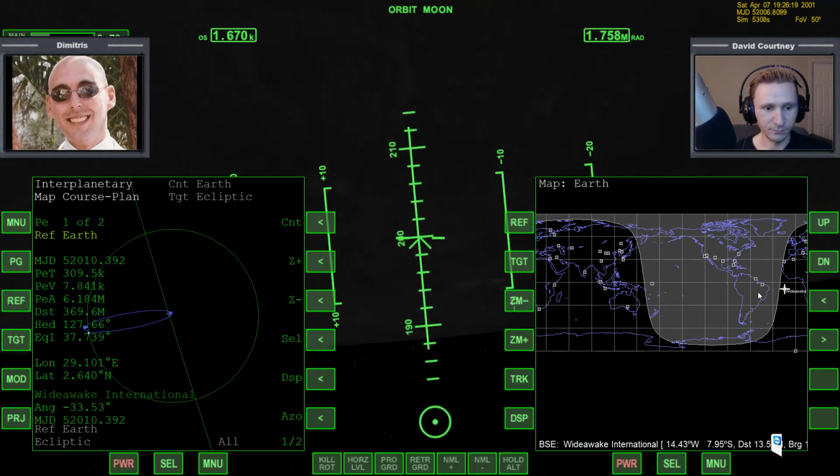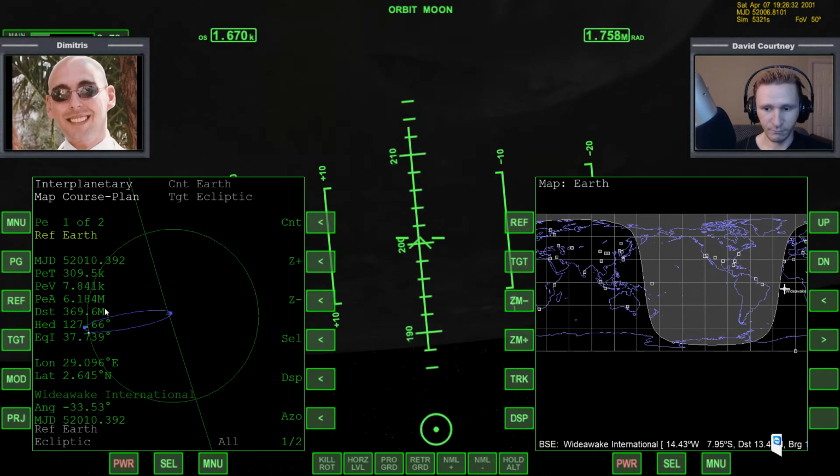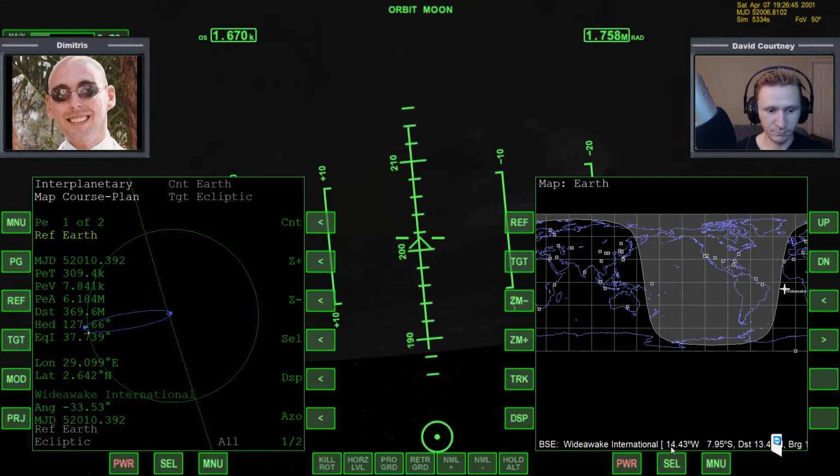So now that we have seen that, what we want to look at is the longitude over here, and we want to check 3 variables: the periapsis altitude to get it to 65 kilometers, 60 to 65, somewhere in there; the longitude to be 30 to 45 degrees west of Wide Awake.